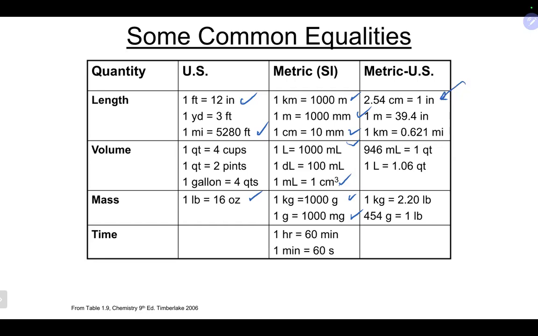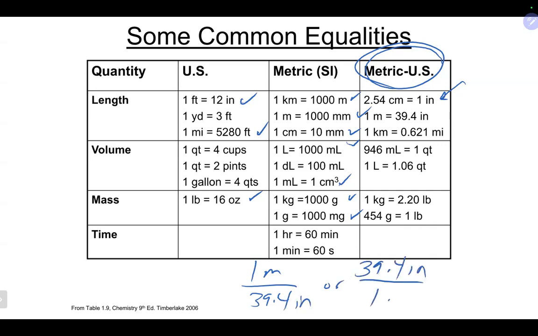Once again, if you are using some type of conversion factor that did not come from that category, you should look at the significant figures in that. And as you can see here, for example, 1 meter is 39.4 inches, or 39.4 inches is 1 meter. If I use this in a calculation and I want to look at sig figs, this is what I was talking about earlier. We would look at the sig figs in the actual number, not the one that's a 1.